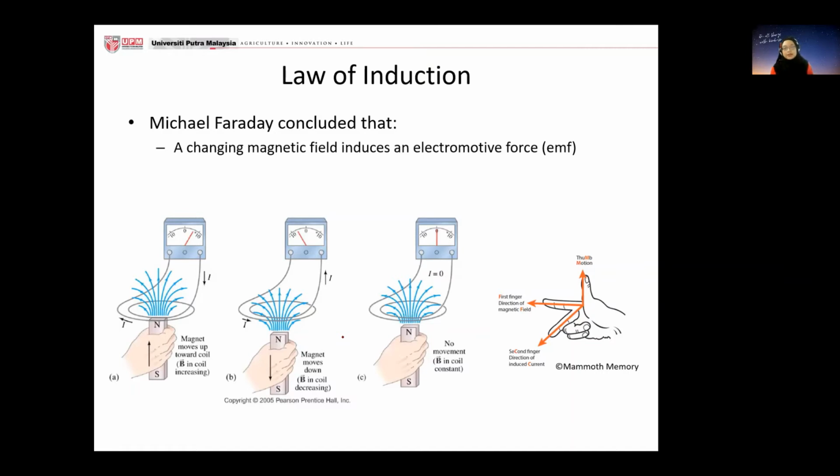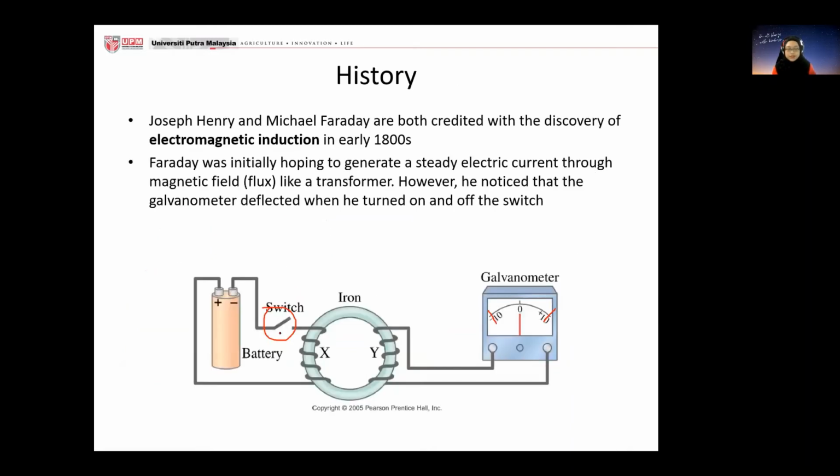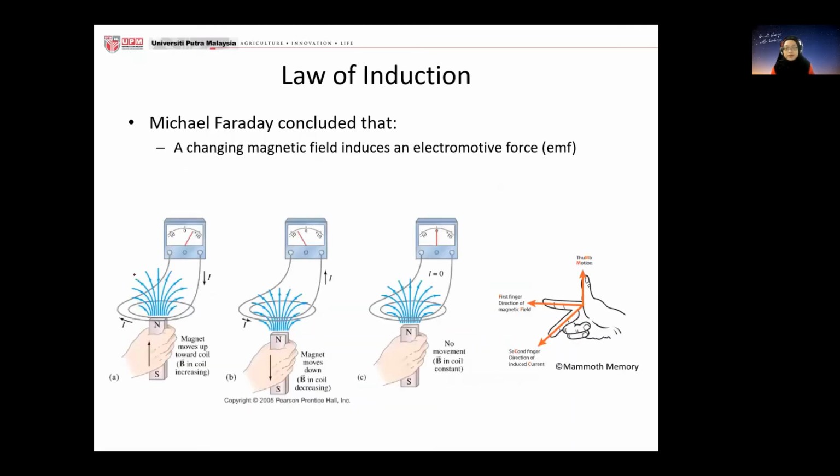Something similar to what Faraday had done with this one, but you have a coil here and you have the magnet. When you move the magnet, you have to look at the right-hand rule.